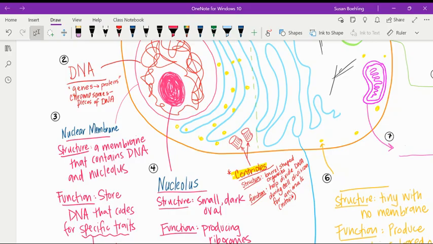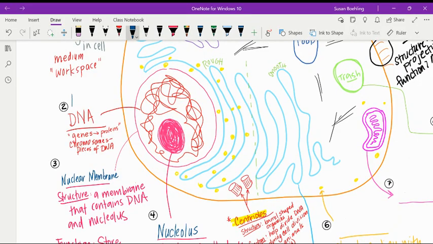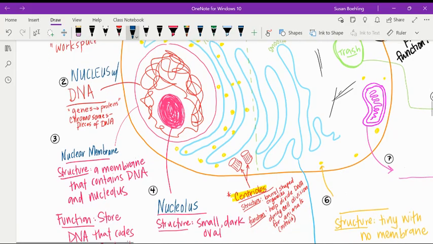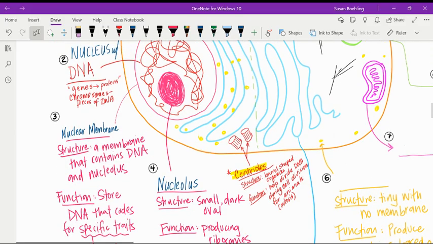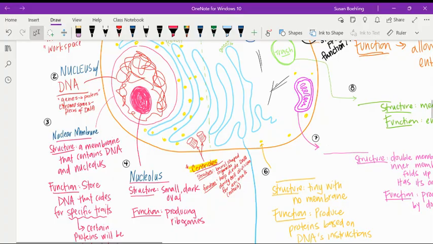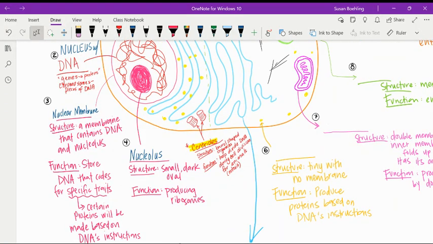So it is a dense spot. The DNA is in the nucleus, right? So this is the nucleus that contains DNA. And this spot within the nucleus is referred to as the nucleolus. So it's going to be small, dark, oval.